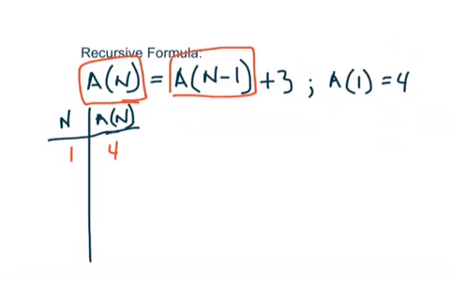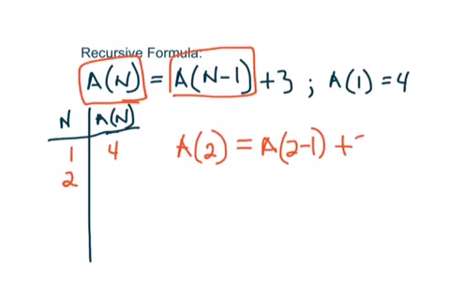Now, if you want to find a of 2, in other words, the second term, a of 2 would be filling in a 2 wherever there's an n, so filling it in here and here. a of 2 equals a of 2 minus 1, plus 3. Okay, so then 2 minus 1 is 1, so a of 2 equals a of 1 plus 3.